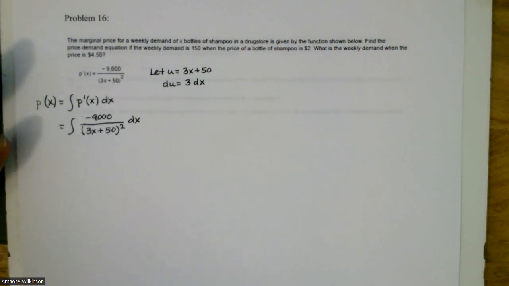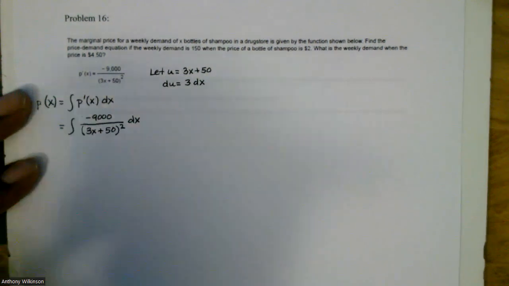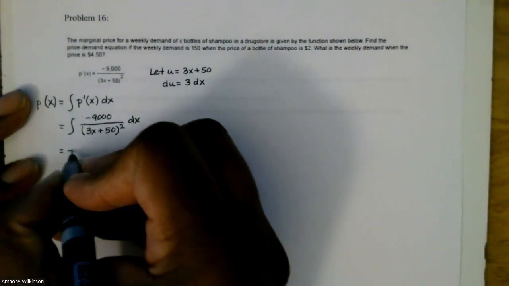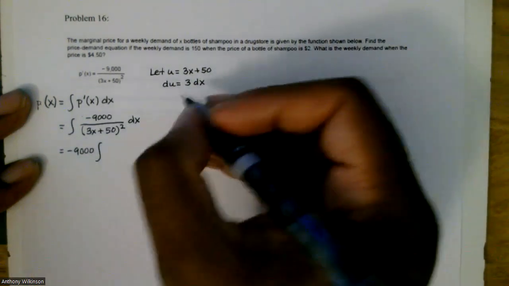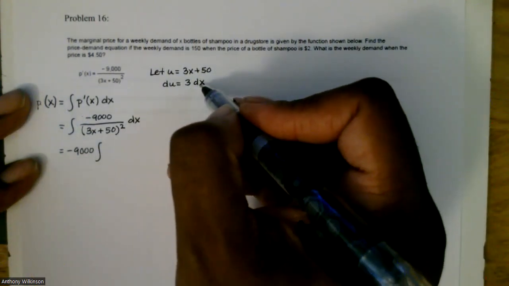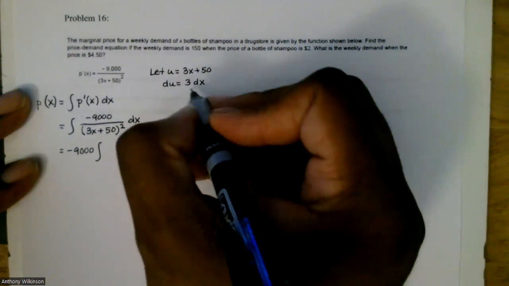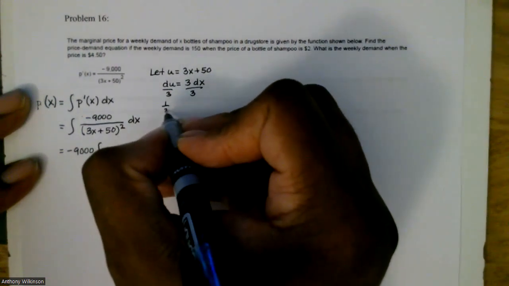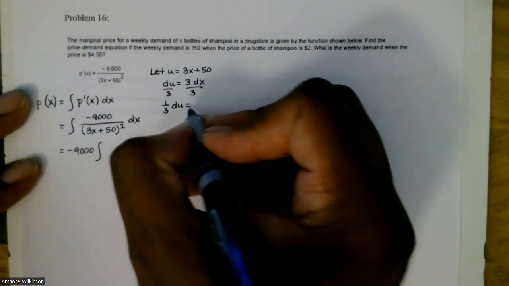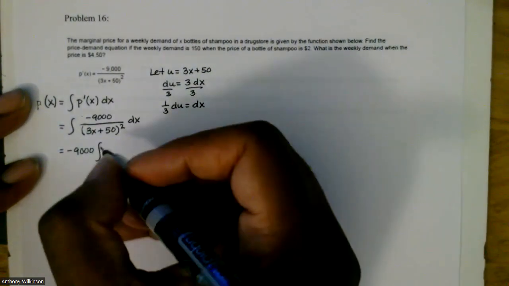The derivative of 50 is 0. Notice I can pull the negative 9,000 out in front. But if I want this to be dx, I'm multiplying it by 3, so let's divide both sides by 3. So that means 1/3 du is equal to dx.